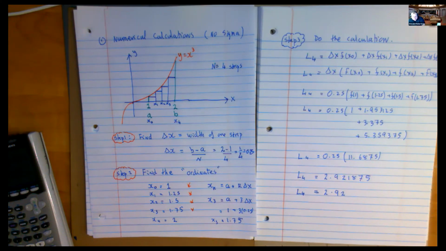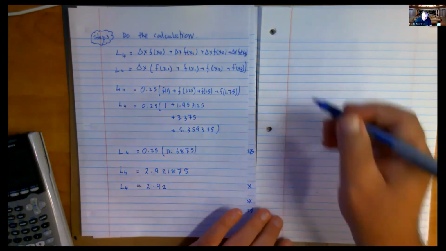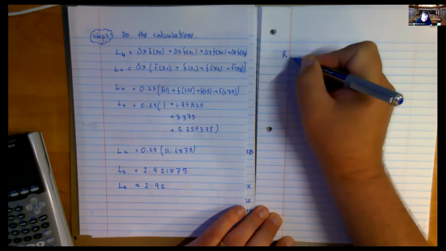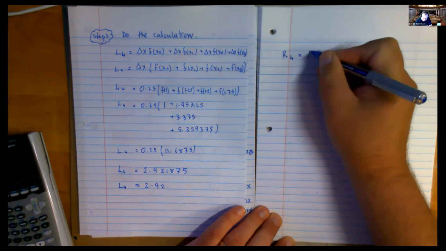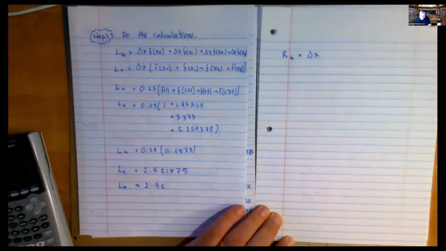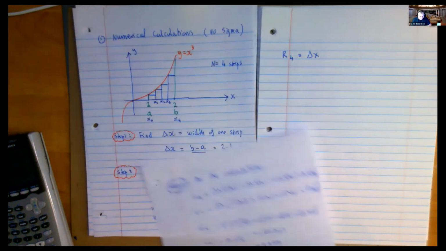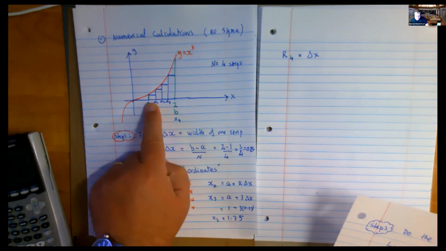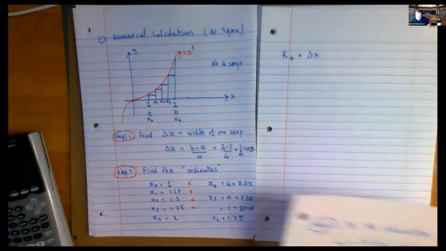Now, if you want to get the other version, it's going to look very like this, but we're going to do R4. Then it's going to be delta X. Now, if you do R4, aren't you going to use X1 for your first rectangle? The height's going to be on the right-hand side.